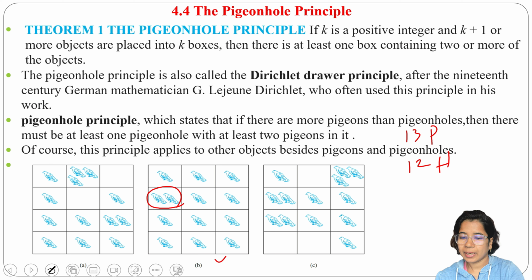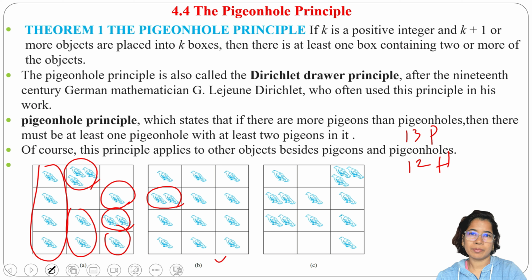Whereas in picture A, here there are 3 pigeons, here there are 2 pigeons, and in some boxes there is 1 pigeon. So this can also be possible. In some boxes there is more than 1 pigeon, so more than 1 means it can be 2, it can be 3, okay? And in picture C, here there are 3 pigeons, here 2 pigeons, here 2 pigeons, and in some boxes there is 1 pigeon.